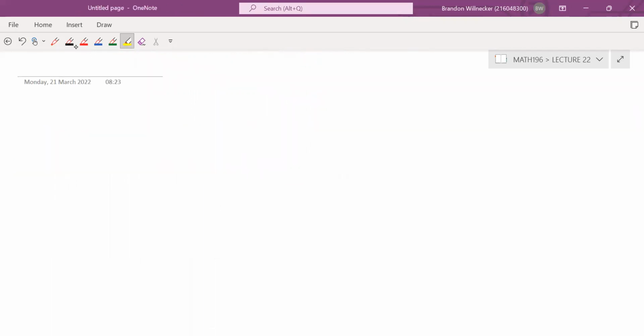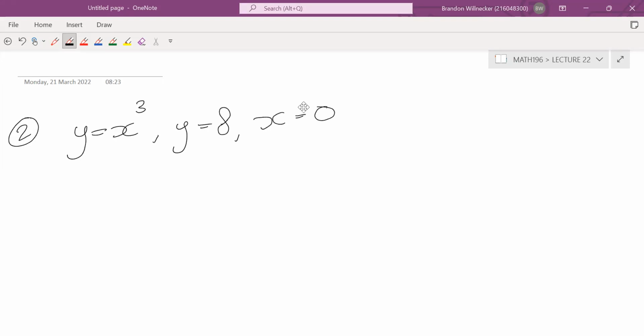So this is example 2. Okay, so in this case, we have the following curves. y is equal to x cubed, y is equal to 8, and x is equal to 0. Okay, so that's all the curves.